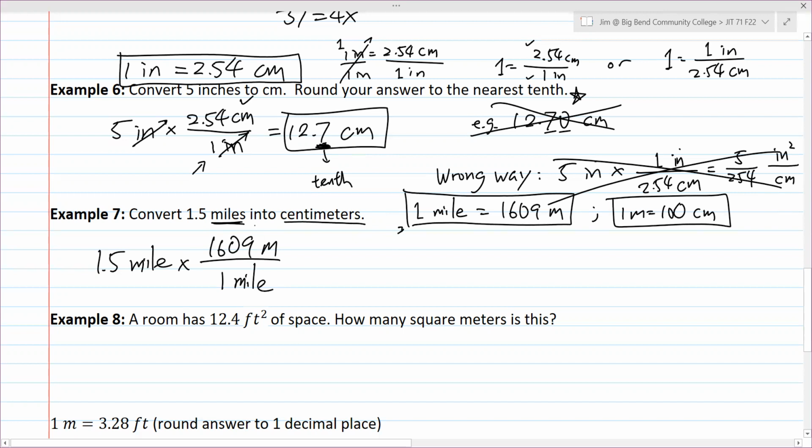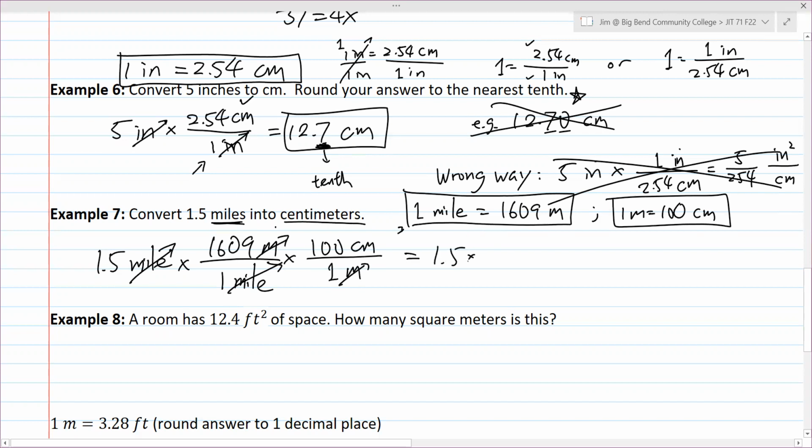And why do we do that? Because we want to divide out the mile unit so that the meter remains. But the meter unit is not the final unit we want. So in this example, we are multiplying another fraction to take care of the meter unit: 100 centimeters over 1 meter. Why? Because meters can be divided out so that centimeters remain.